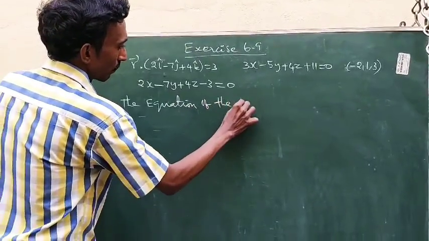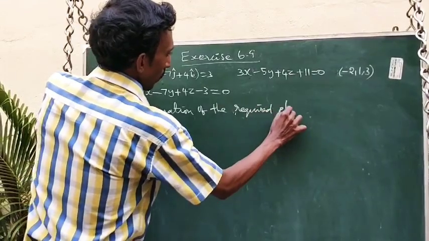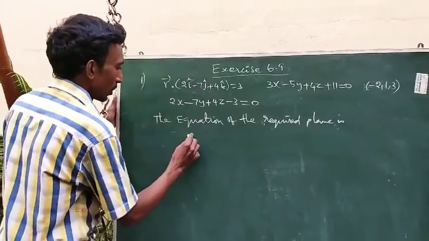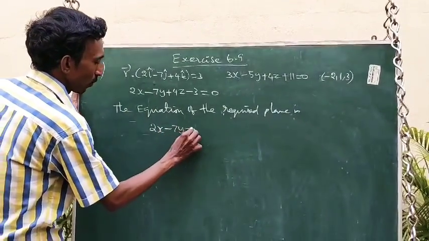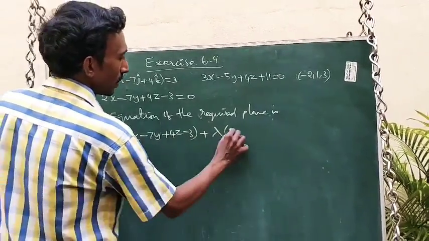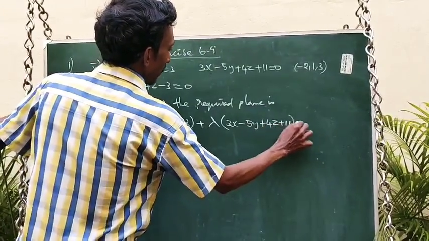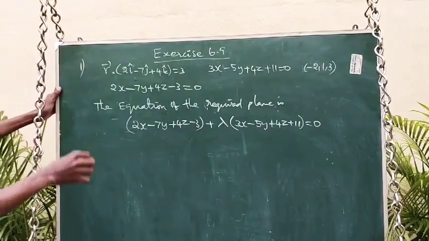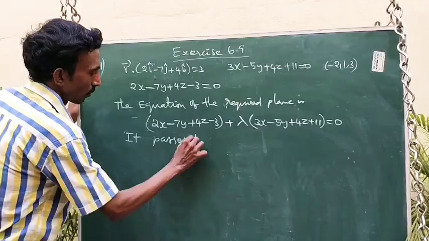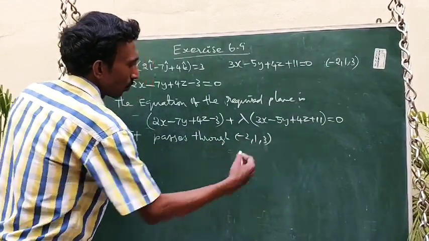Now the required plane is, already told you, first one plus lambda into second one equal to 0. 2x minus 7y plus 4z minus 3 plus some scalar lambda into 3x minus 5y plus 4z plus 11 equal to 0. Once again, in the question given that it passes through the point minus 2, 1, 3.